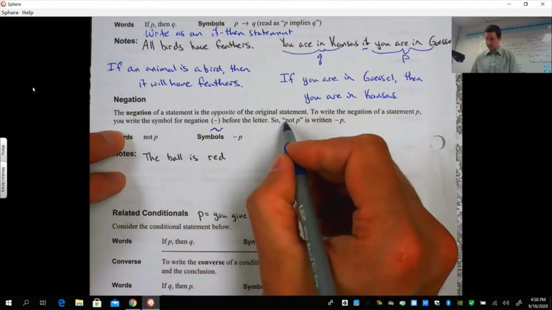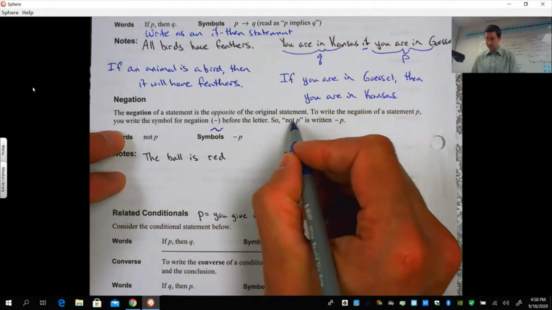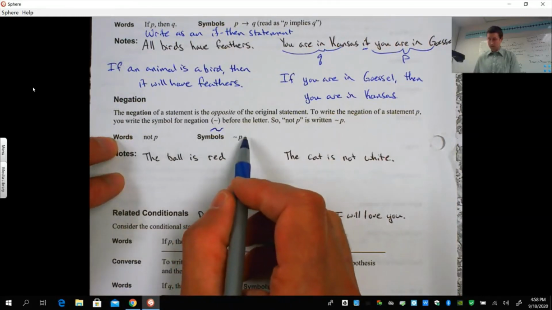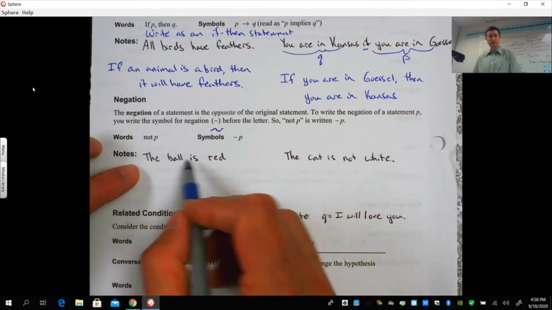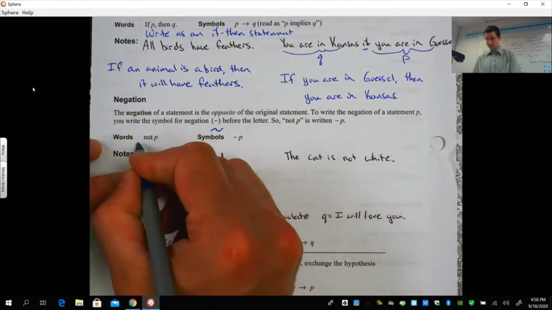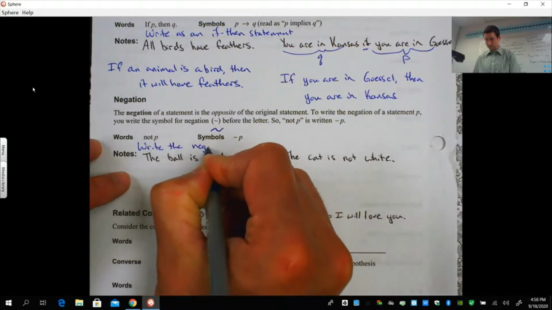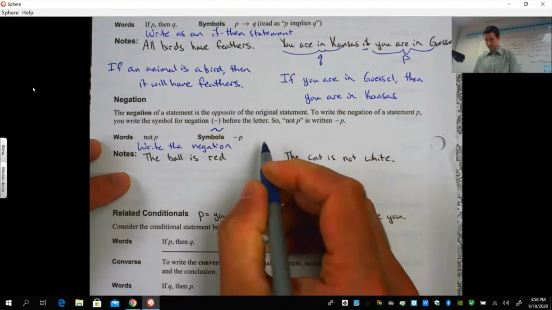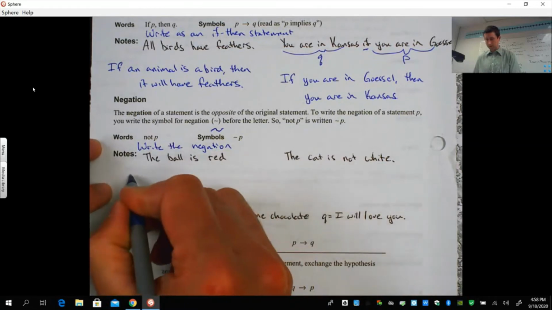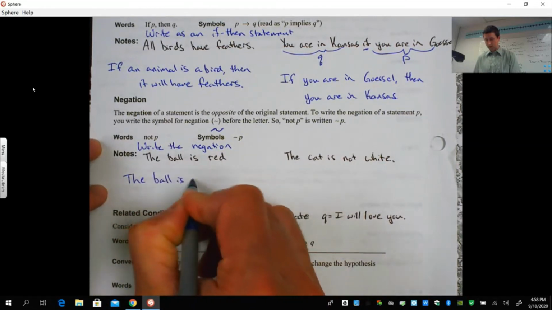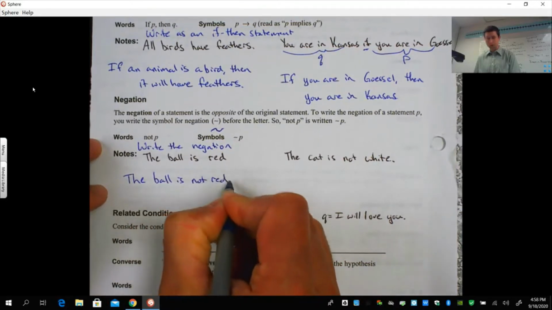And it's read not P. So the words are not P, the symbol is the squiggle mark P. So if they say write the negation of the statement, the ball is red. So if this is P, the ball is red, the negation, not P, would be the ball is not red. That is it. We just put the word not in there.